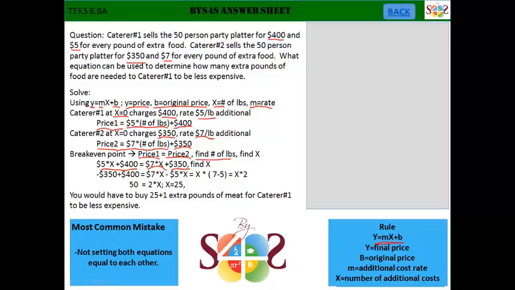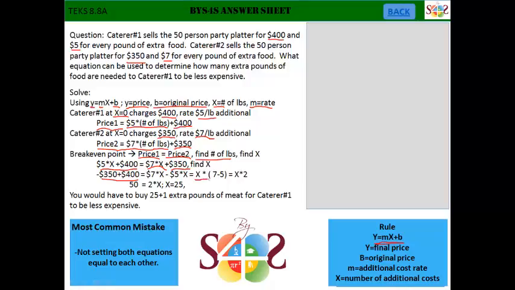So here we're going to move both of the 350 and 400 to the same side, so we're going to subtract 350 to the other side and do the same for the 5 times x, we're going to subtract it to the other side. So we're going to have negative 350 plus 400 is equal to 7 times x minus 5 times x.